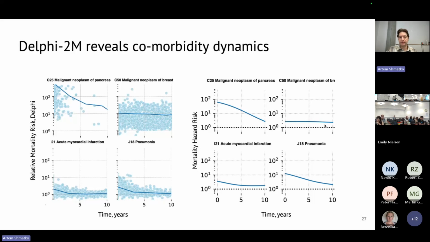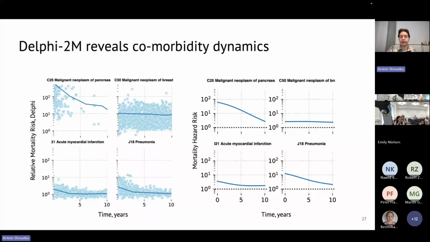But for Delphi, it happens more or less by itself. So on the left, we have the average change of the mortality risk over time after the disease happened for 4 selected diseases.